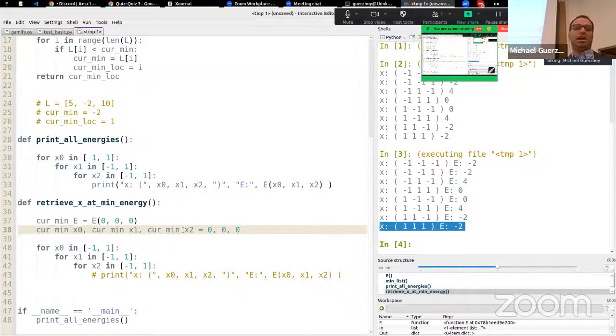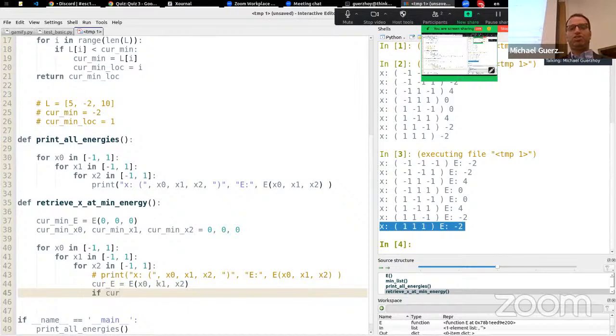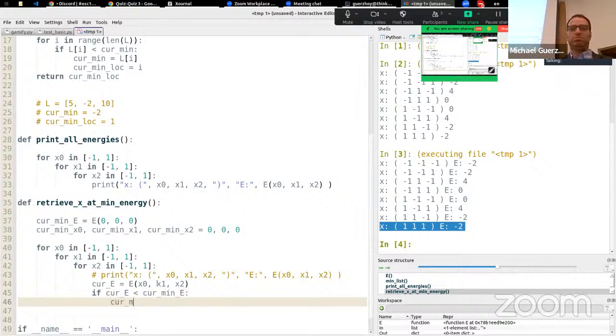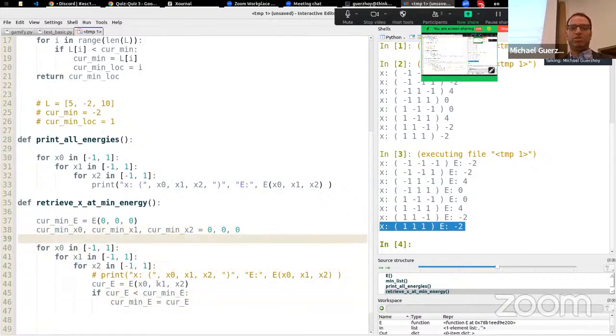And then I'll just say, okay, so the current energy here is E of x0, x1, x2. And if the current energy is smaller than the minimal energy that I've seen so far, I'll just update. I'll say min energy is equal to current energy. And again, being able to use the keyboard is good.